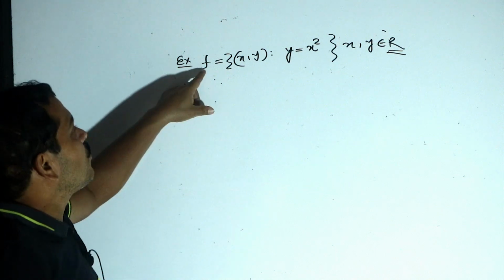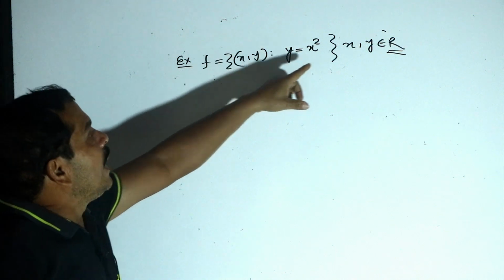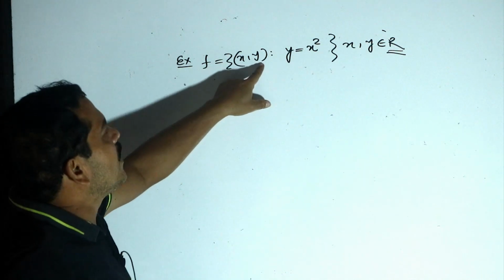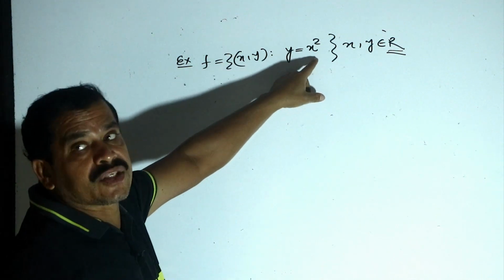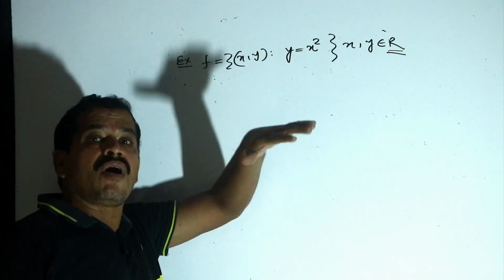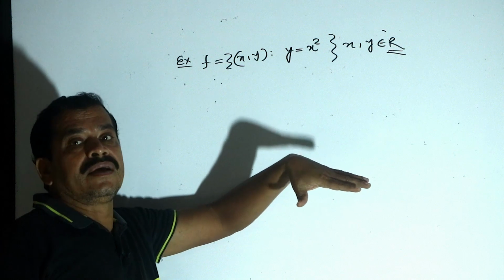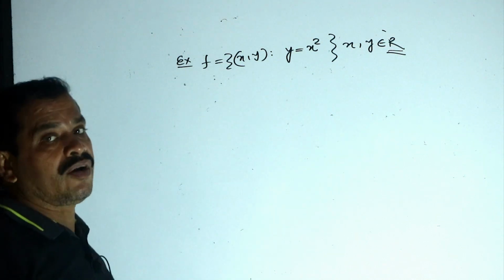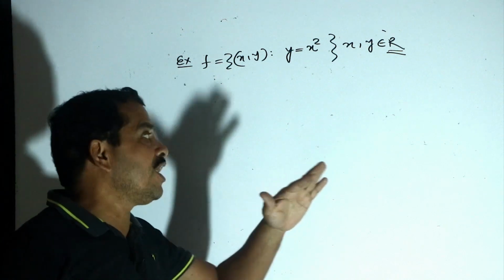Here the relation we take as the set f, and x, y are any two real numbers, and the condition of the relation is y equals x square. That means the second element of the order pair is the square of the first.